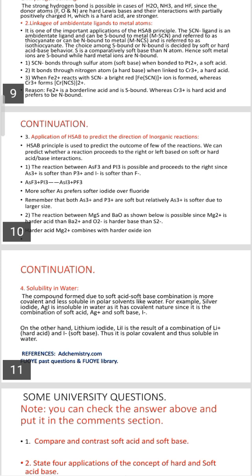For instance, let's look at just one. The reaction between arsenic trifluoride and phosphorus triiodide is possible and proceeds to the right, since arsenic ion is softer than phosphorus ion, and iodine ion is softer than fluorine ion.